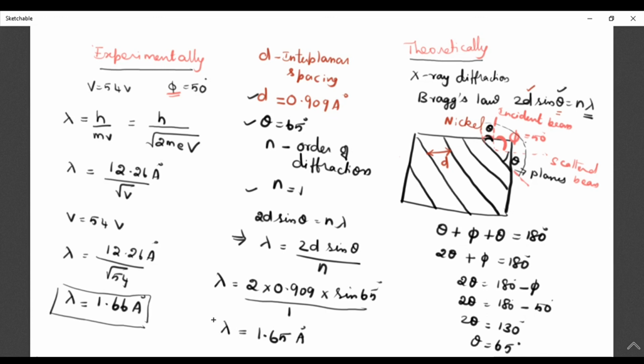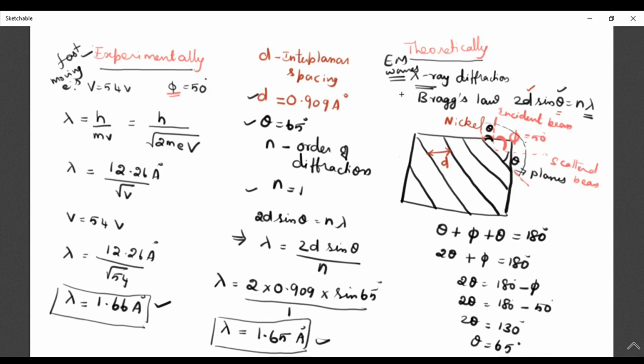Experimentally they used fast moving electrons, and theoretically they used X-rays. X-rays are nothing but electromagnetic waves. Now you see, in both cases we are getting almost the same result, 1.66 and 1.65. What does it prove for us? Fast moving electrons also have wave nature.